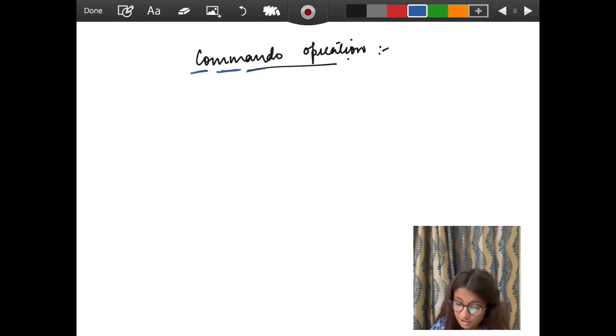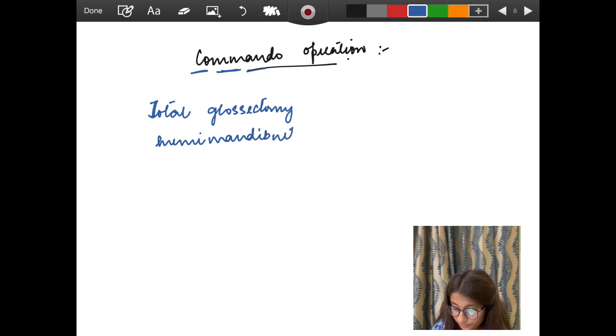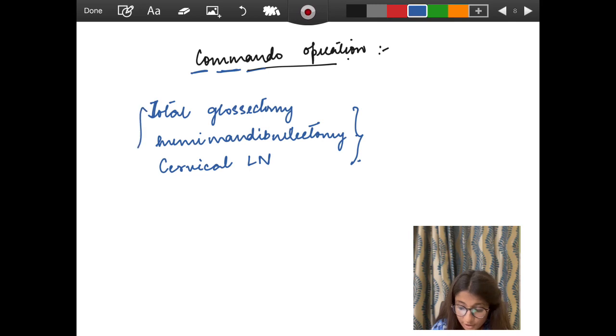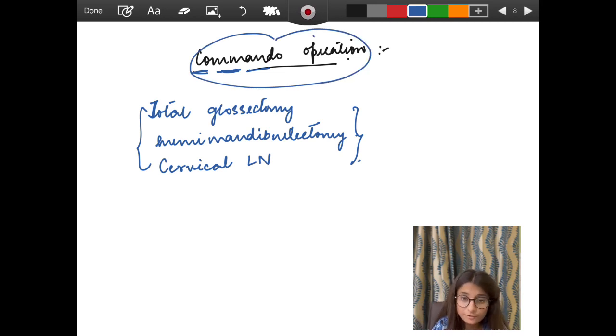Here we remove the total glossectomy, removal of the whole tongue, plus hemimandibulectomy, removal of half of the mandible, plus we remove the cervical lymph nodes, the cervical neck dissection. So combined mandibulectomy along with the neck dissection. This is the commando operation, usually done in carcinoma of the tongue.